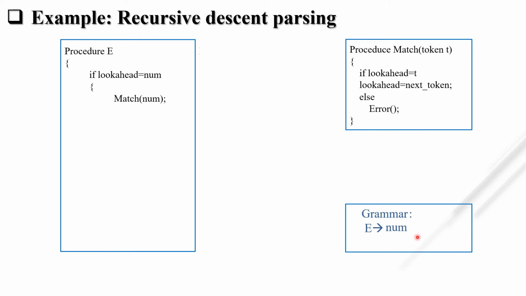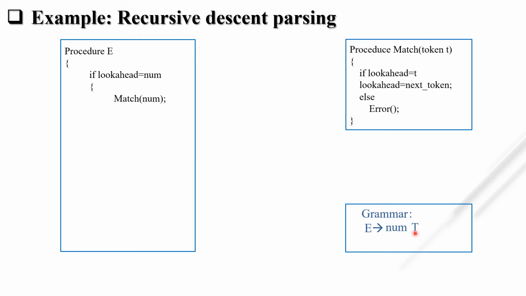So let's see what is next. Suppose E tends to num T. For E we create procedure E. Then we have a terminal symbol, that's why we write if lookahead equal to num. If there is another terminal symbol, then we have to write in this if condition if lookahead equal to whichever terminal symbol is there. But here it is a non-terminal.